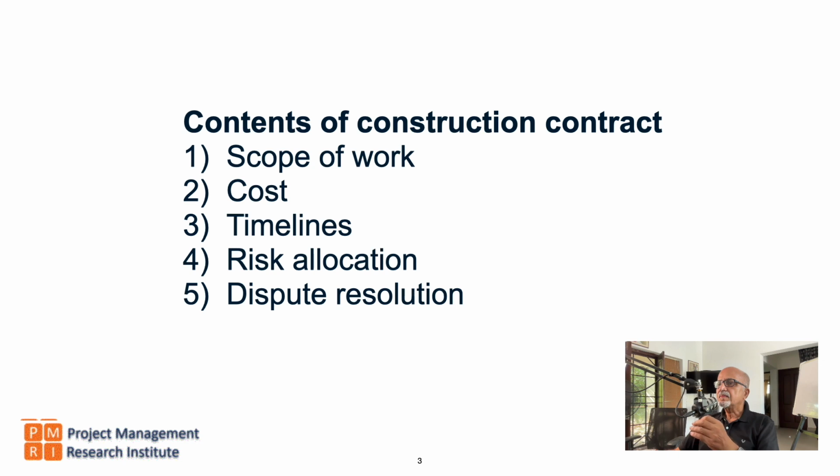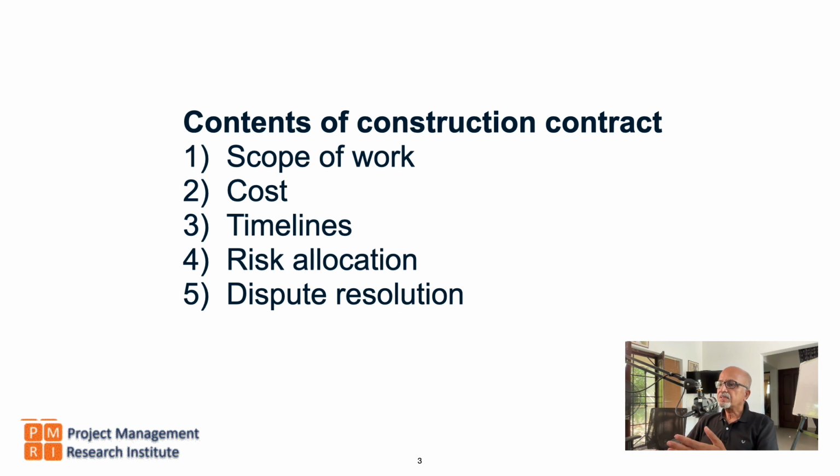Typically, a contract contains the scope of work, the cost, the timelines, the high level timelines, milestone level, and risk allocation between the buyer and the seller or between the owner and the contractor.